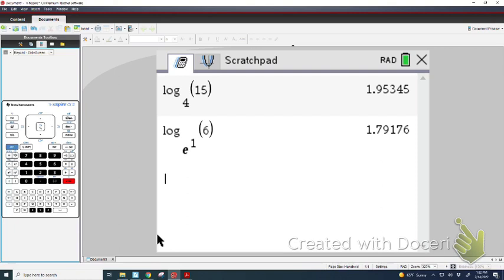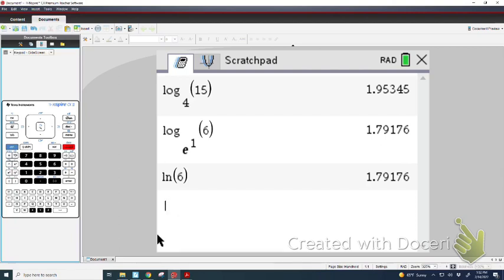But remember, log E is the same as ln, so you could press Control ln, and then just a 6, and you get the same exact thing. So that ln button is Control, see where it says E? Right above it, it says ln. And that's it for that one.